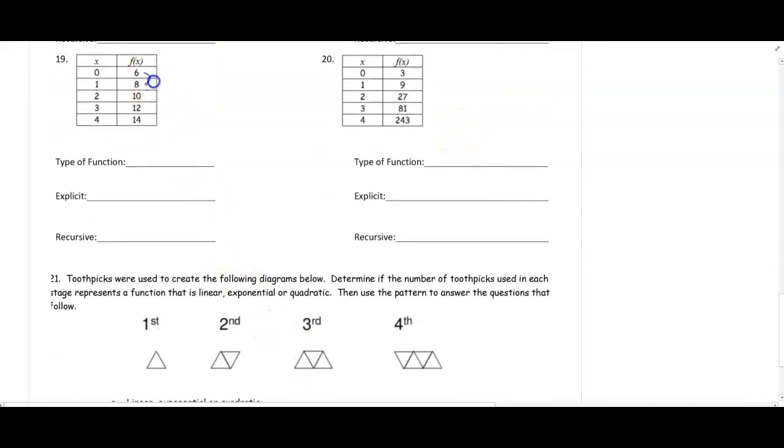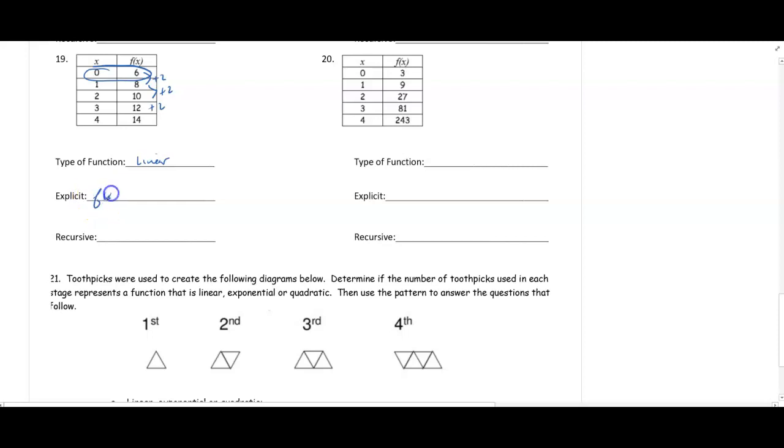Here, I'm going up 2, up 2, up 2. So right away I know that this is a linear function. And they give me the y-intercept, so the explicit rule should be real easy.